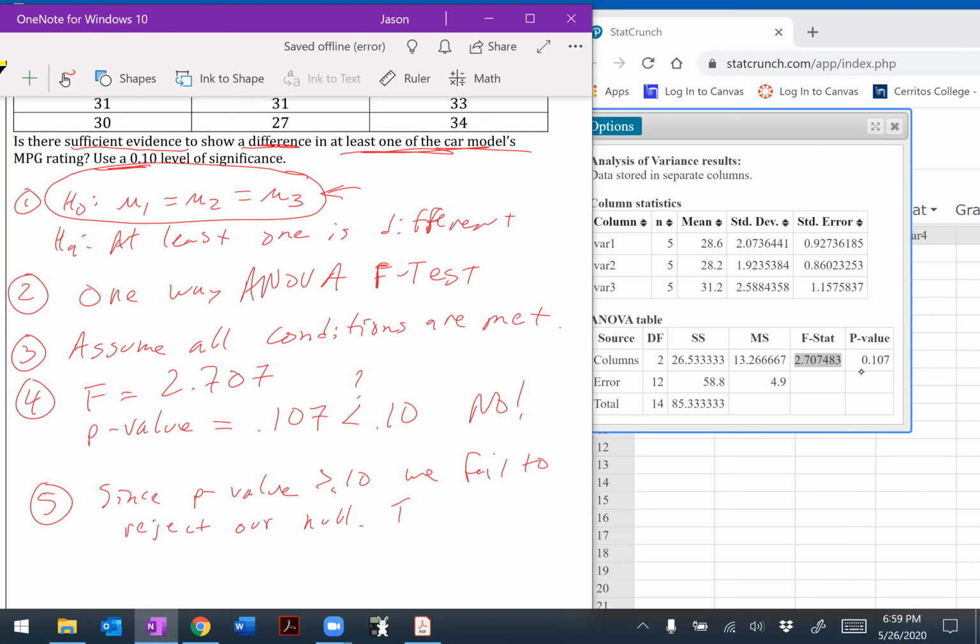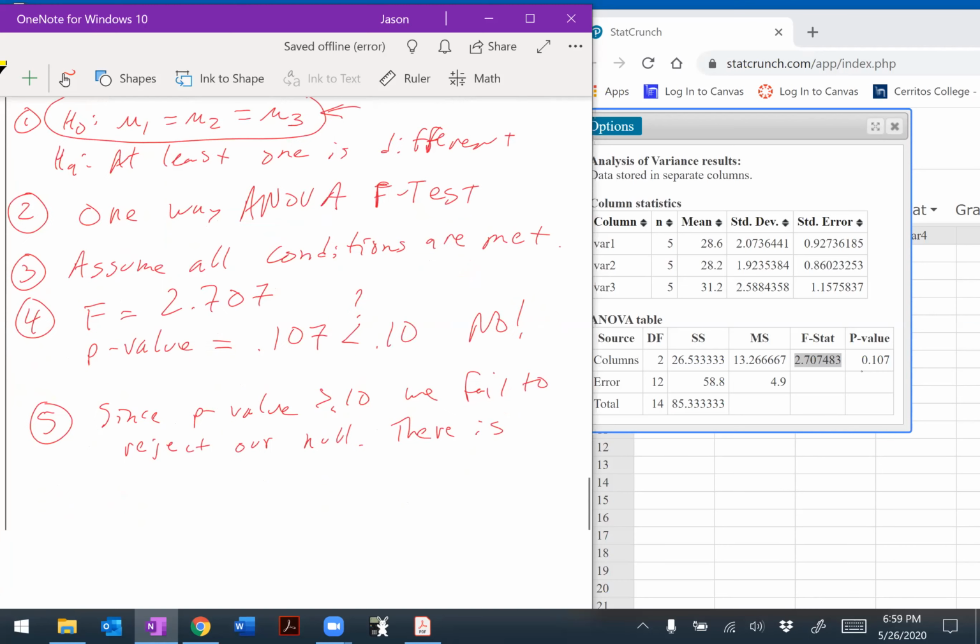There is insufficient evidence to suggest any difference, and put it in context of the problem. What was the problem? Well, it was miles per gallon, right?